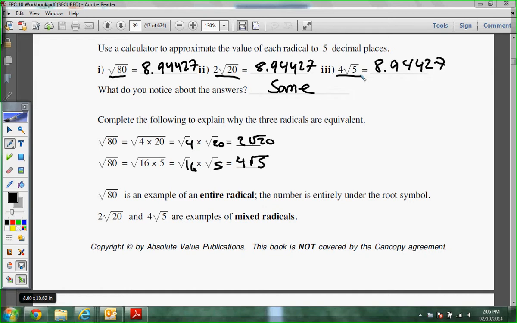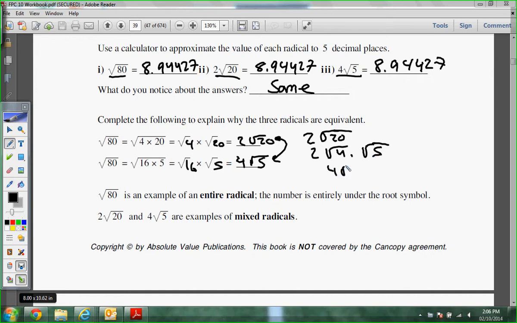Let's go ahead and fill in the gap. How can we get from here to here? What can I break 20 up into? 10 doesn't help me, but that's a good idea. 5 and what? 4. We like 4s, right? So I could go 2 times root 4 times root 5. What's the square root of 4? 2. What's 2 times 2?